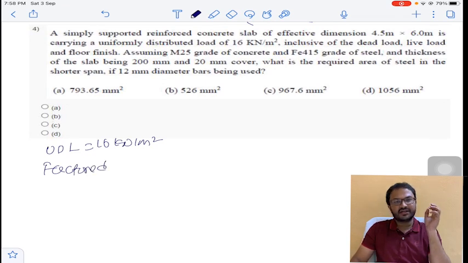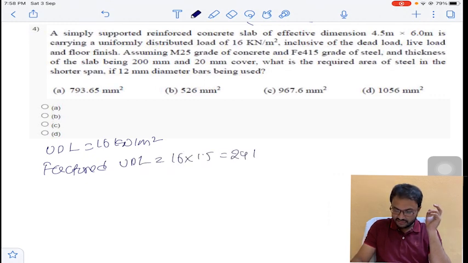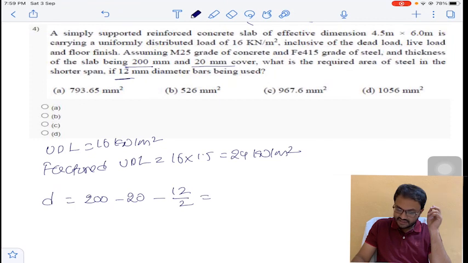According to limit state method of design, we need to calculate factored UDL. 16 into 1.5, that is 24 kilonewton per meter square. And he has given thickness of the slab and cover and reinforcing bar. So effective depth d is equal to overall depth 200, clear cover 20 mm and half of reinforcing bar dia is 12 by 2. So we will get 174 mm.